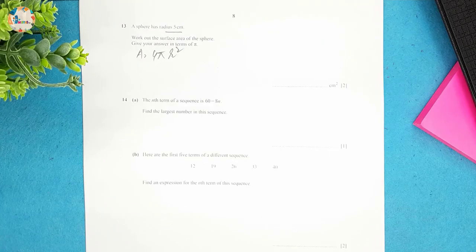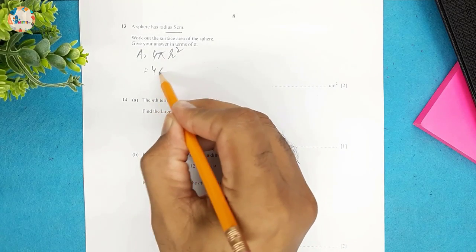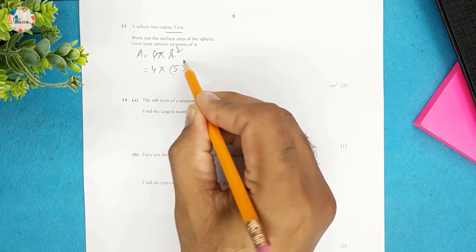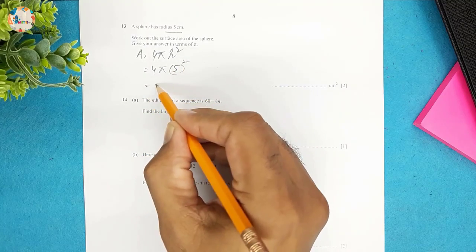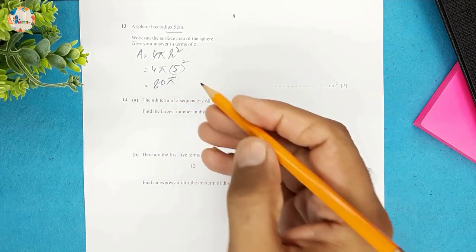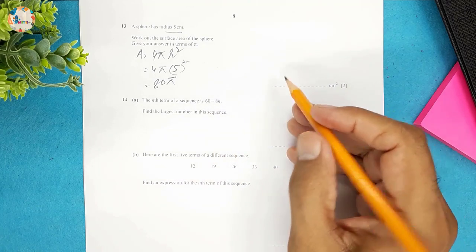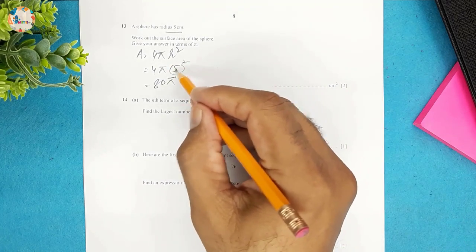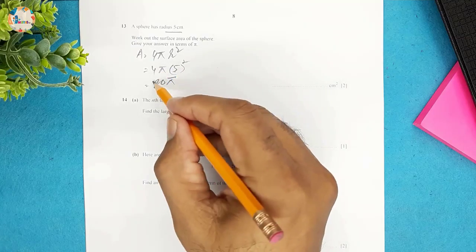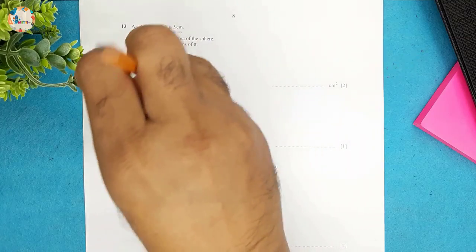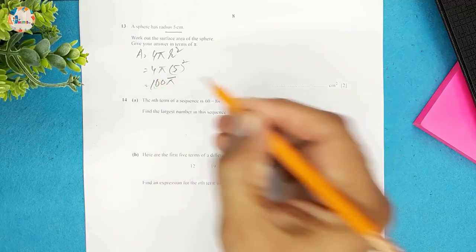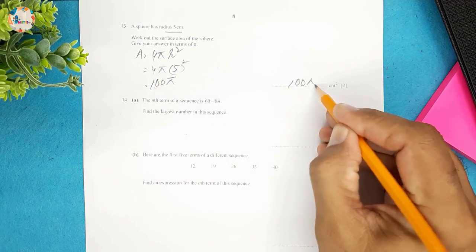So r here is 5, so we write 4 pi 5 squared. 25 into 4 will be 100, not 80, so 100 pi will be our final answer.